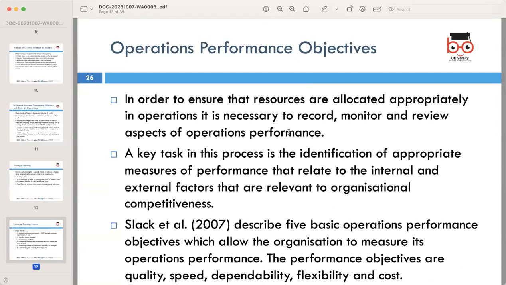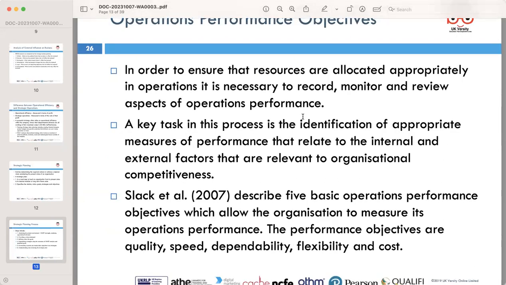Slack 2007 described 5 basic operations performance objectives, which allow the organization to measure its operation performance. The performance objectives are, as we discussed above as well, quality, speed, dependability, flexibility, and cost.